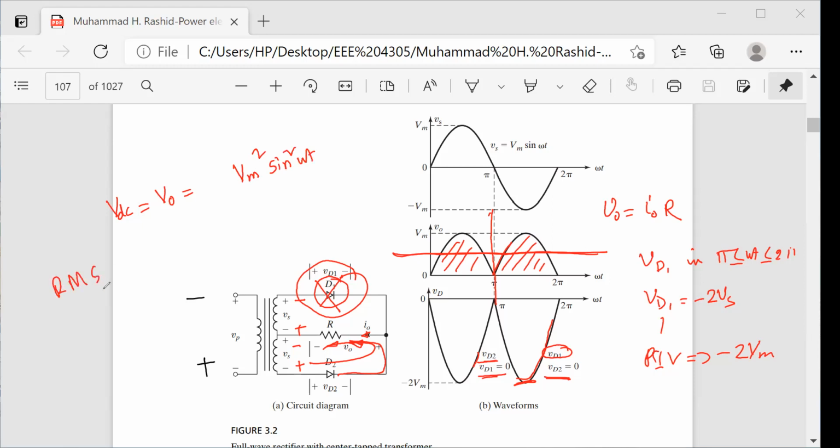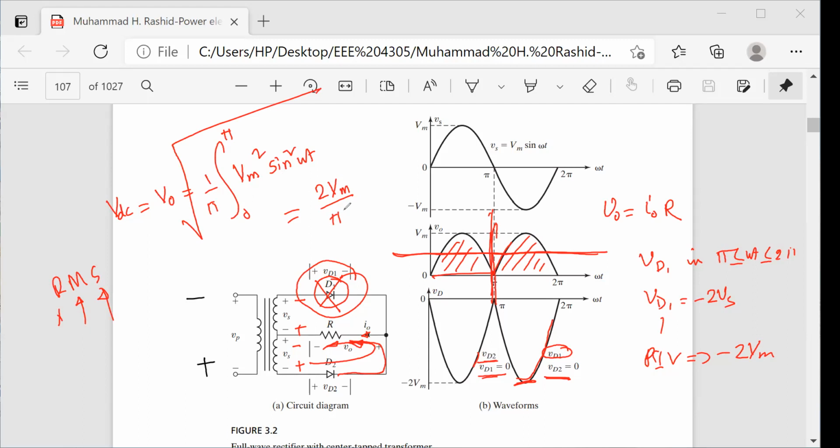RMS means square, mean, root. So first you square it, then take the mean. Since it is repeating, we can take up to 1 pi. So 0 to pi, then 1 by pi, and take the root, and you will get 2 Vm by pi.